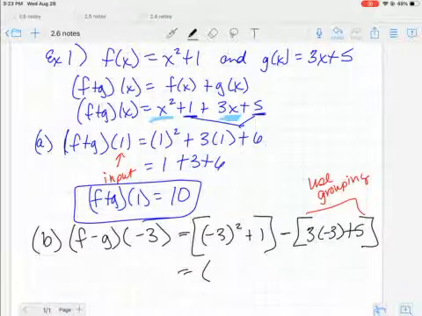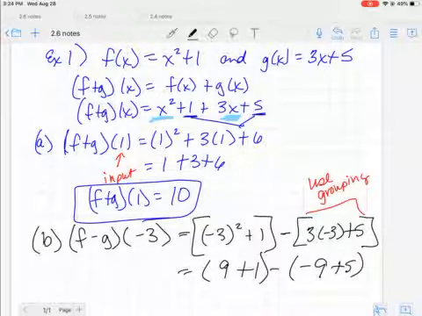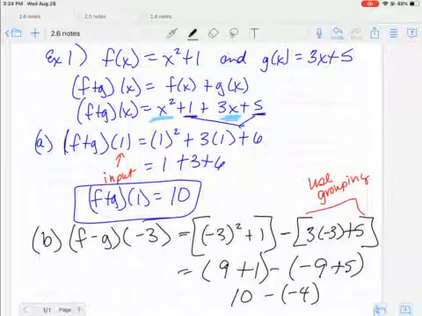So I now have negative 3 squared is a positive 9, because negative 3 times negative 3, minus 3 times negative 3 is negative 9 plus 5. So 9 plus 1 is 10 minus that negative 4.